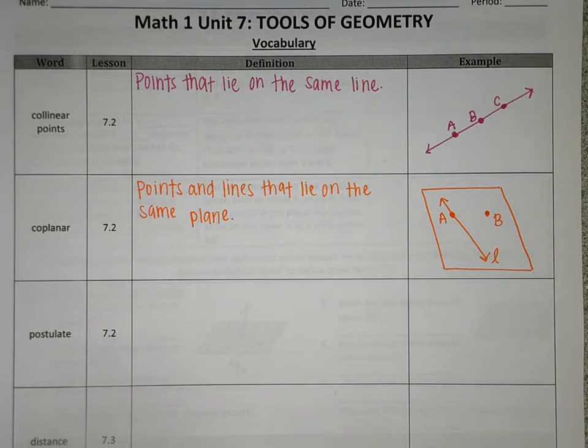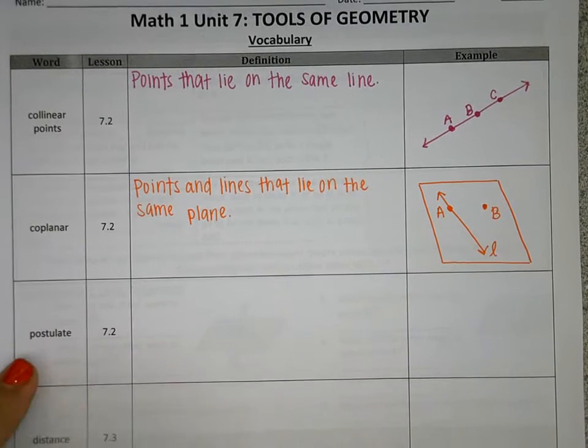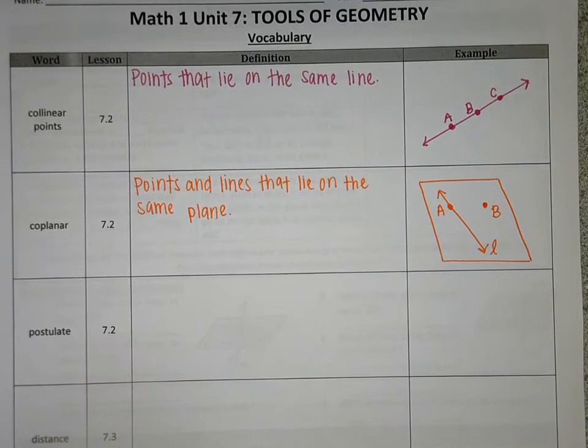Sometimes proofs can take pages and pages, sometimes they can be really short. But we need specific rules to help us prove the statements we are trying to prove true or false. And we use what are called theorems and postulates. Have you guys heard of the Pythagorean theorem? At least heard of it? Okay, a theorem is a rule that you can prove. A postulate, which is what we're mostly working with right now, is an accepted statement of fact.